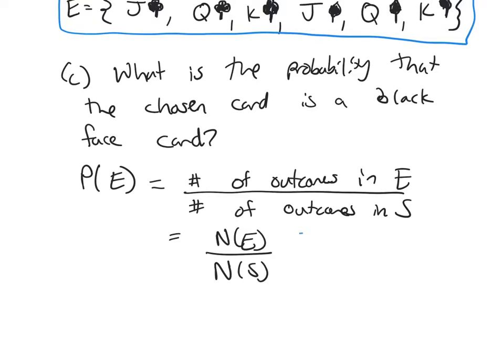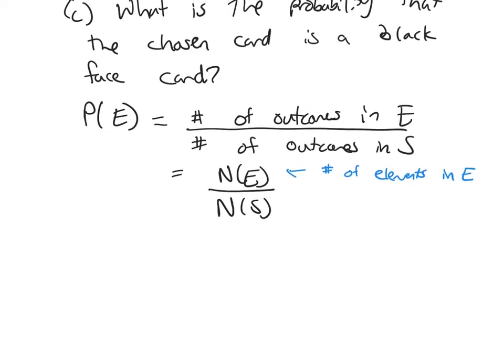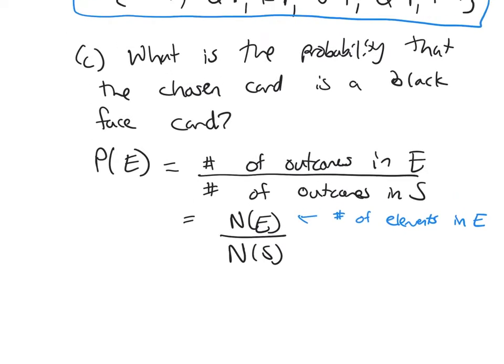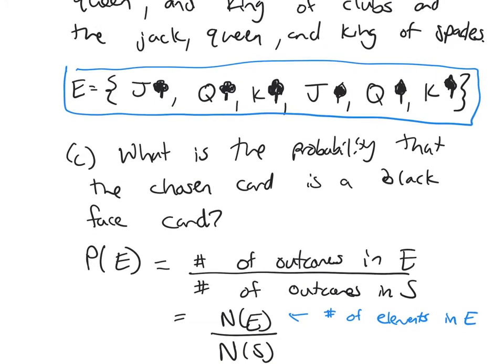So this notation means number of elements in E. So how many elements did we have in our set for E? We had, if we look back, there were 6. If I look up here, there were 6.